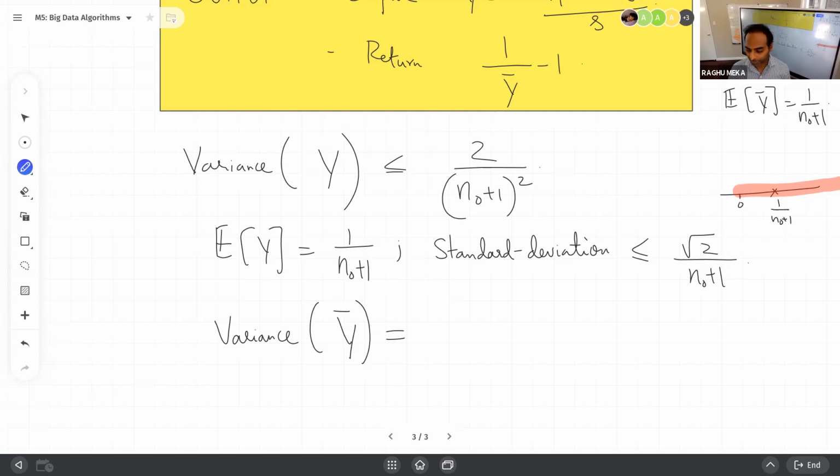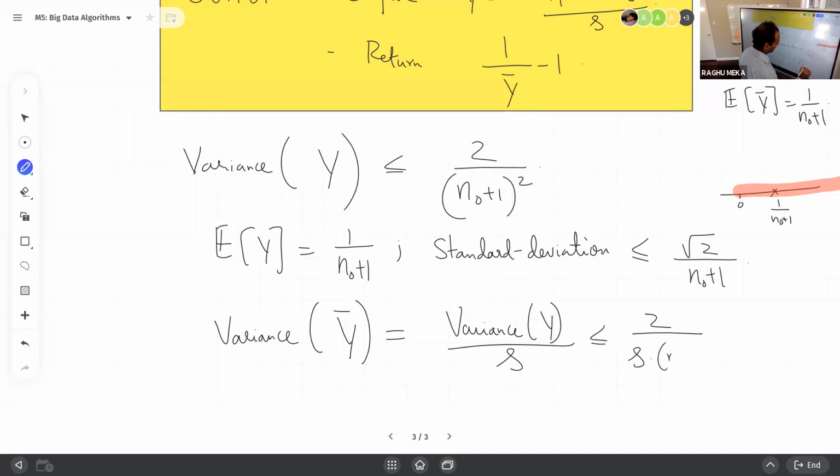If you go back to that calculation, you'll get the variance is exactly this much. If I average S independent copies, then the variance decreases by a factor of S for any random variable. So this is at most 2 over S times (n0 plus 1) whole squared.